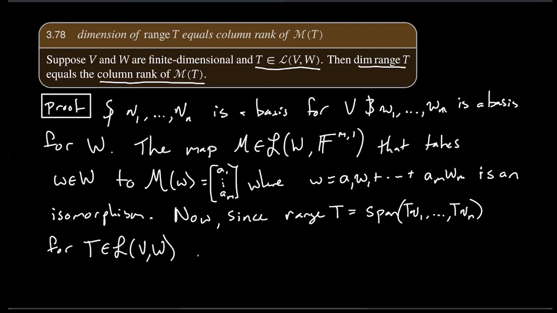All right. Take M restricted to range T. So take a linear map, restrict it to a subspace. It is still a linear map. So take this guy.